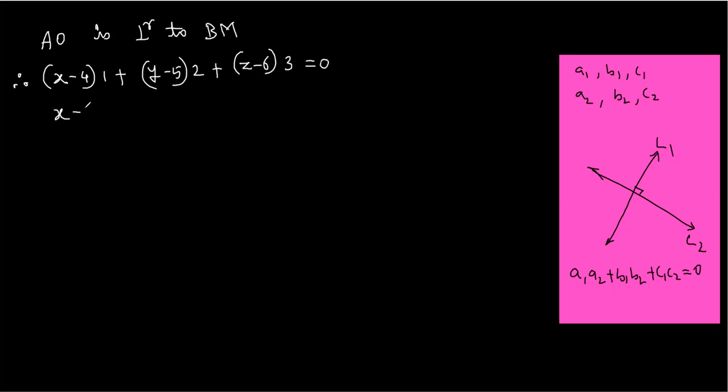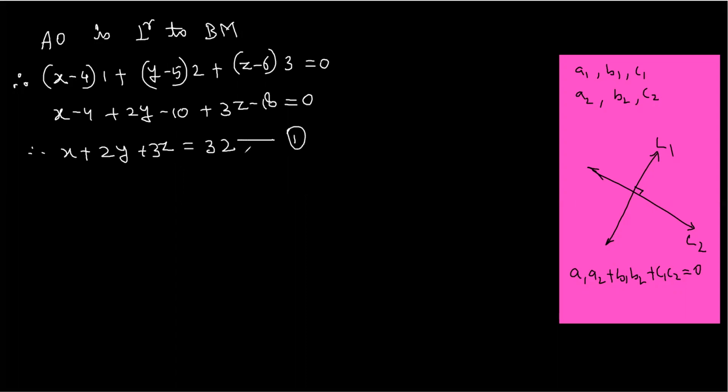So this gets me x minus 4 plus 2y minus 10 plus 3z minus 18 equals 0. So this gets me x plus 2y plus 3z, and here you get equals 32. This is equation number 1 I got. Minus 4 minus 10 minus 18 is minus 32 on the left hand side. I shift it to the RHS, I get equal to 32. This is the first equation I got.